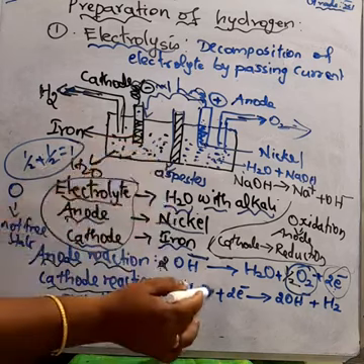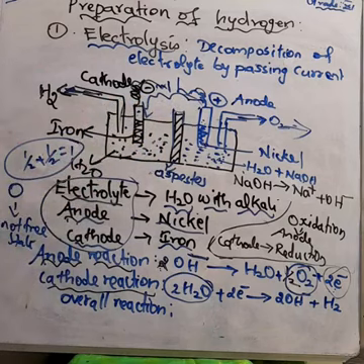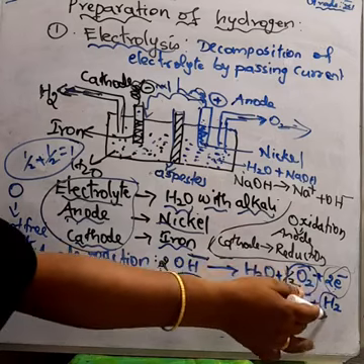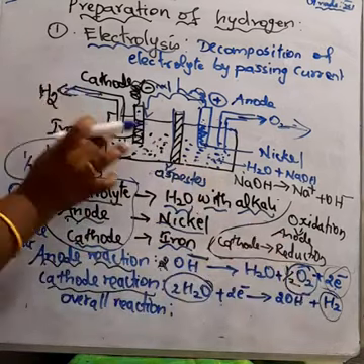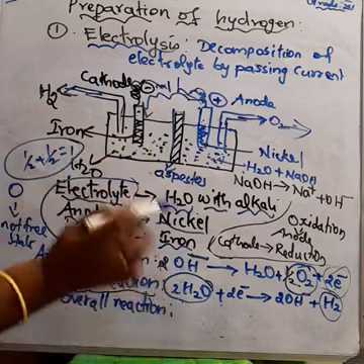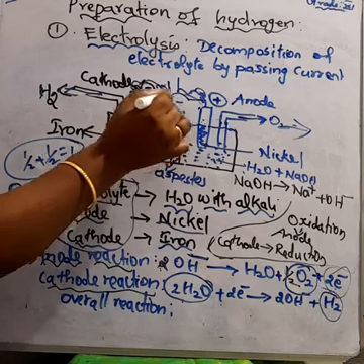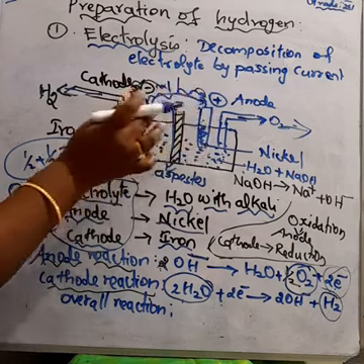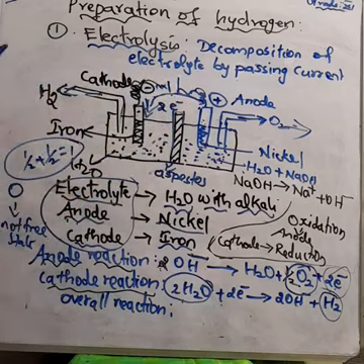This water molecule accepts these electrons and releases hydrogen gas, because at the cathode reduction takes place. Reduction means gain of electrons.